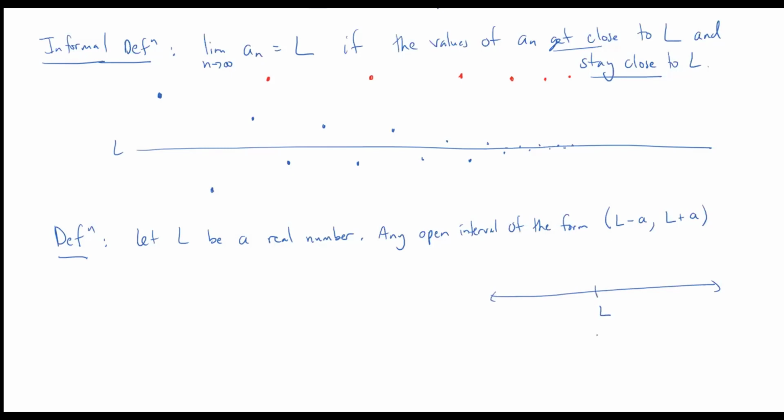So there's L. And if I do L minus A, assuming A is some positive number, then that's maybe over here. And then L plus A is over here.